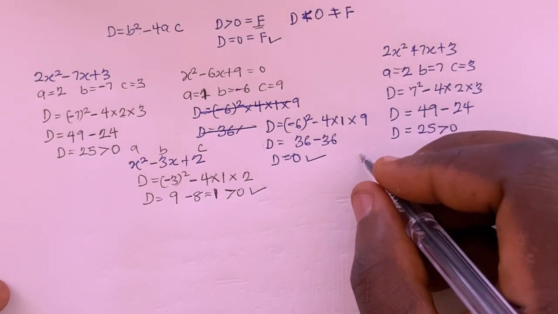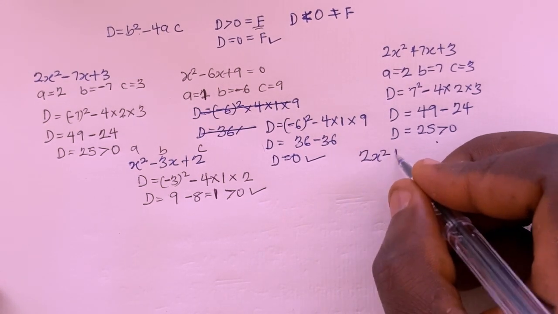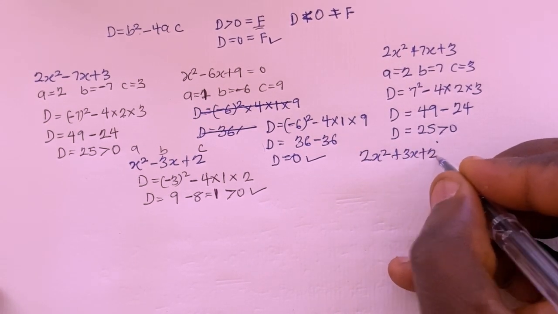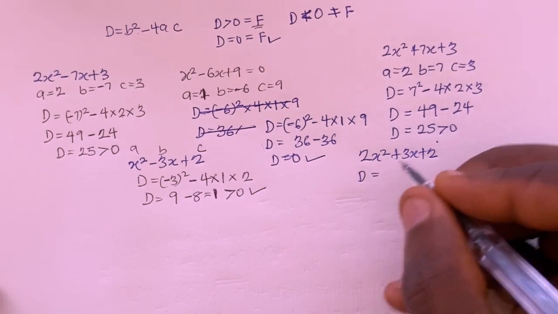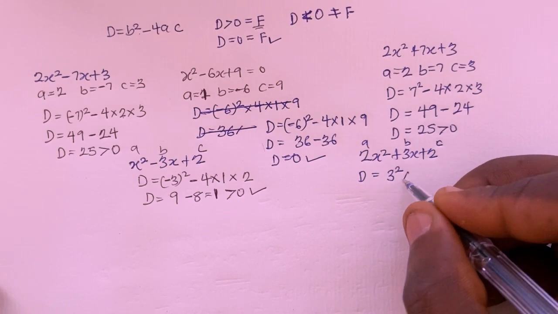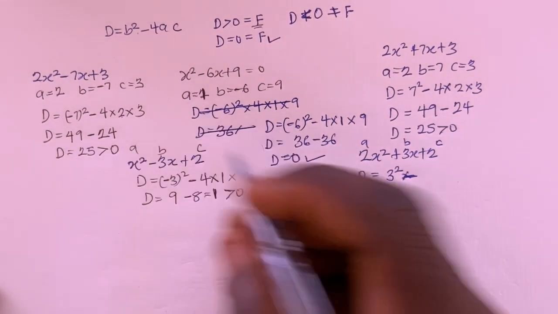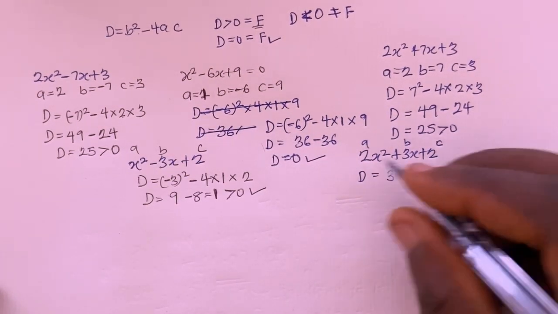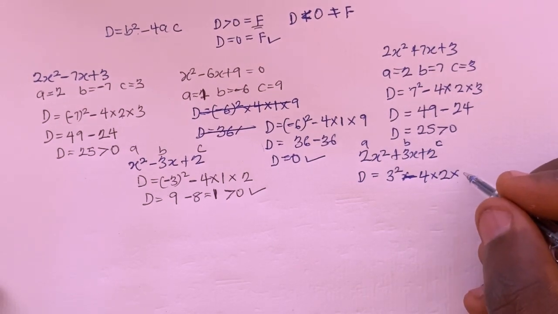Let's say we have 2x squared plus 3x plus 2. Then our D equals, this is a, this is b, and this is c. So we have 3 squared, then minus 4 times a, which is 2, multiplied by c, which is 2.